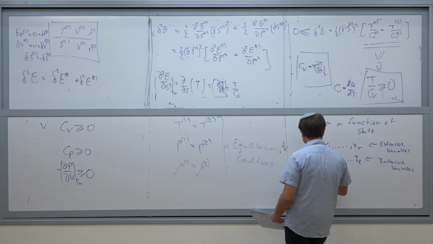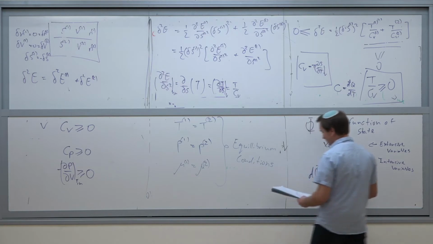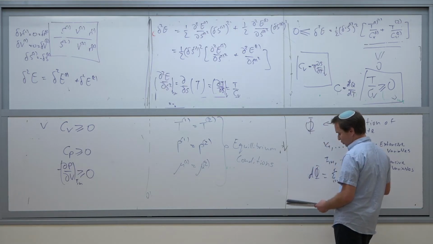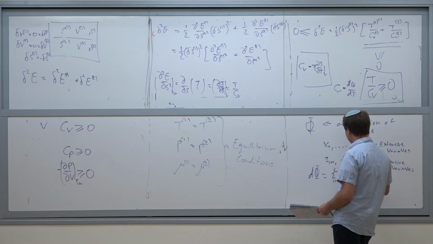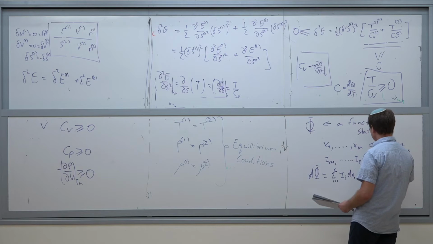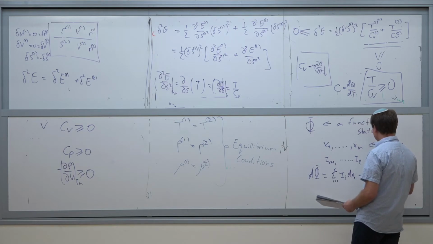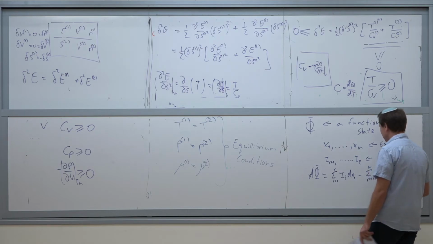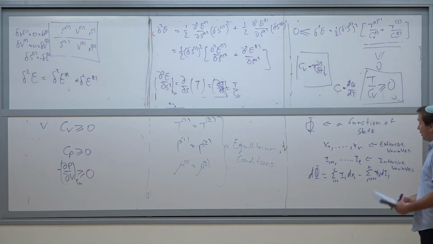So d phi is written by a sum over i from 1 to r of Ii dxi minus a sum over j from r plus 1 to n of xj dIj. This is my differential.